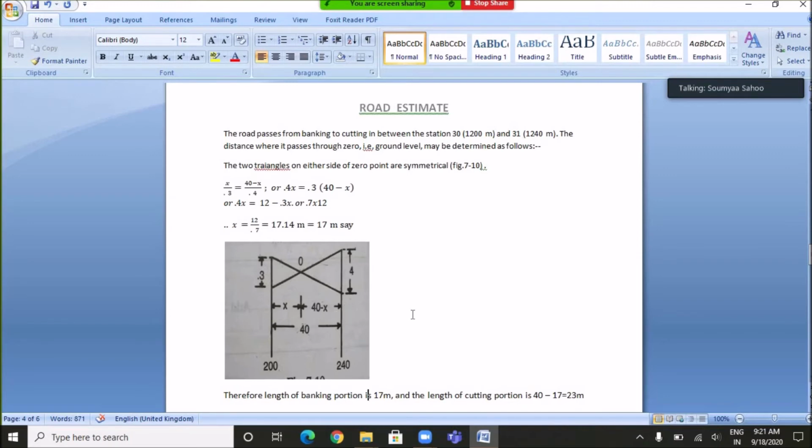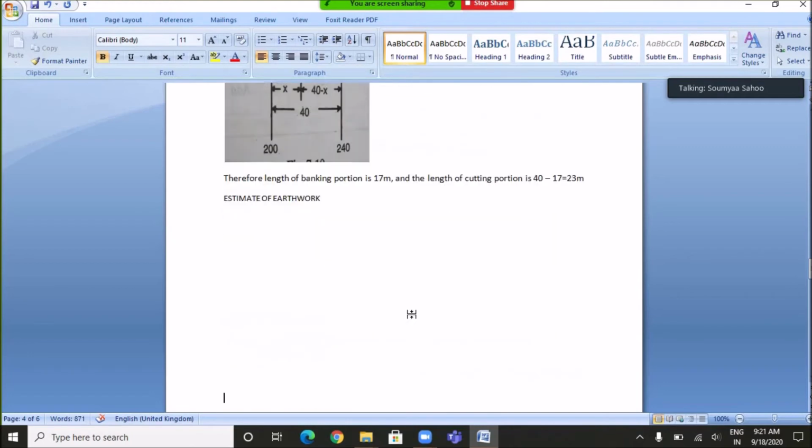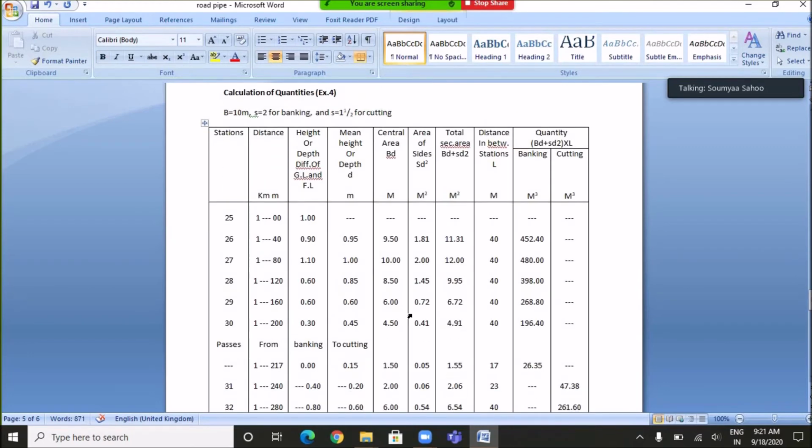So once you have done all these things, half of your work is done. Then you have to make the table. So in the table you have to mention the station, the distance, the height or depth of difference of ground level and formation level, and the mean height or depth. You have to calculate the central area, which has a formula of BD, where B is the formation width and D is the mean height or mean depth.